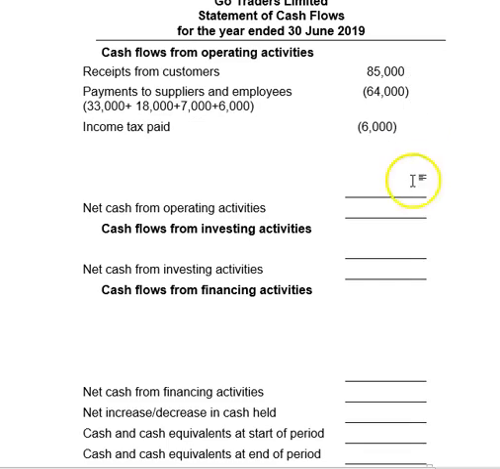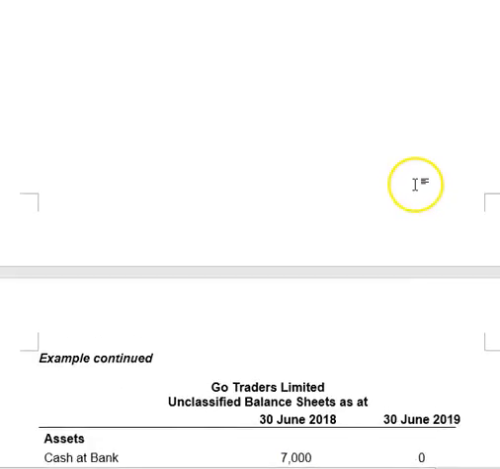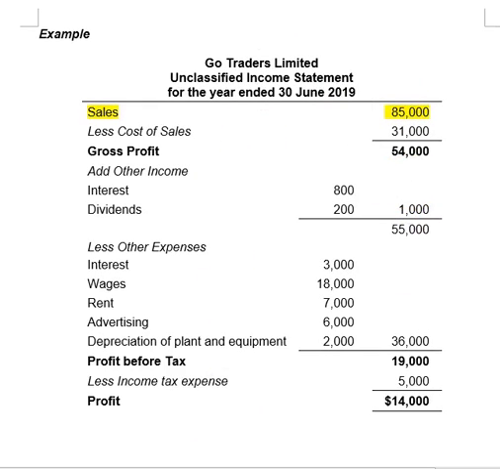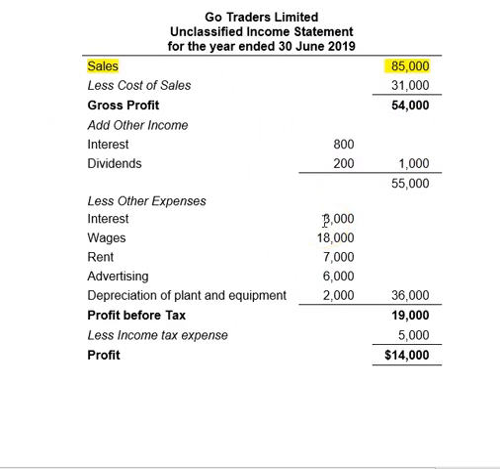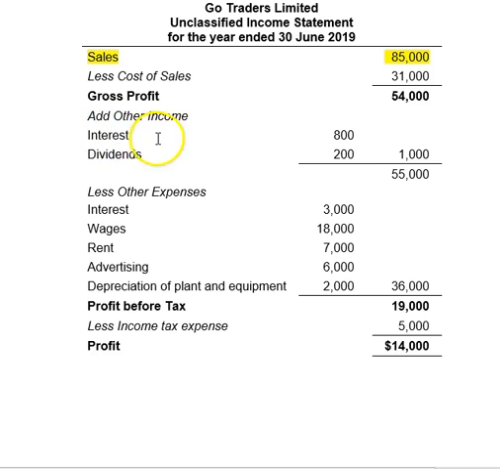Once we are done, we are going to look at our income statement to see anything that we can include in the statement of cash flow. As I mentioned before, we can just ignore cost of sales because this is an expense, it's not a cash outflow. Next, we will look at interest income. This is the interest income that we earn during this year.